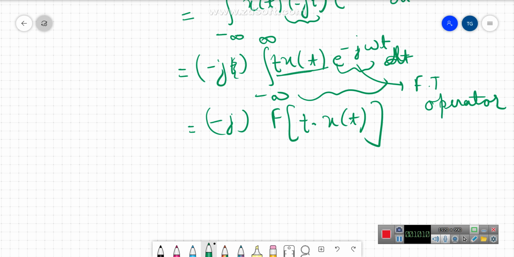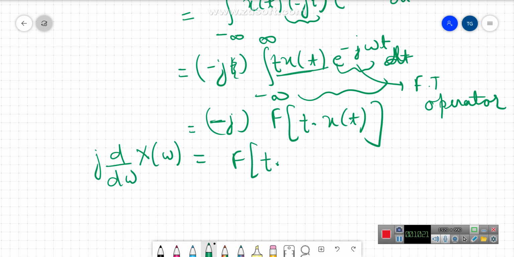And so when this is a minus j here, if we bring it to this side, it becomes j into d by d omega of X of omega, which is equal to the Fourier transform of t into x of t.